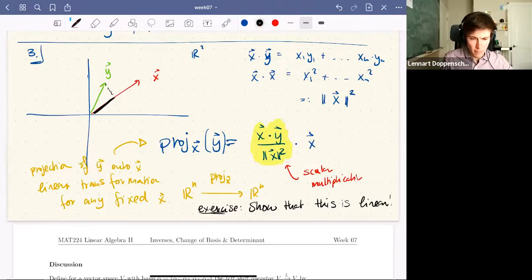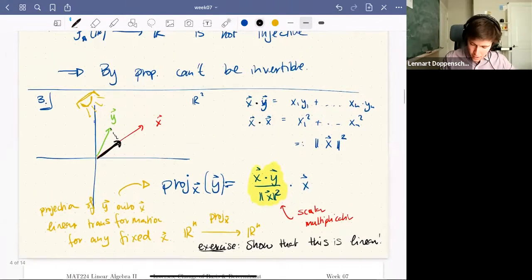You can think about this as the shadow that y would cast if there was a light source shining onto x. It depends on what kind of dot product you use. I'm just saying that we use the standard dot product in R2. And now the question is, why is this not invertible?